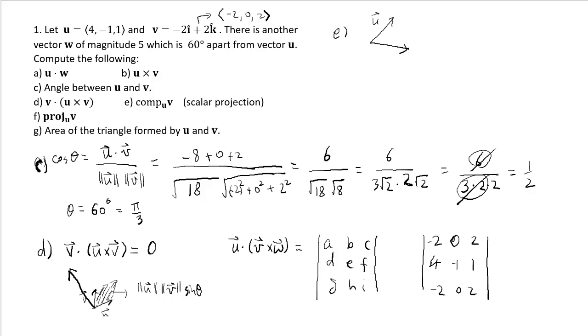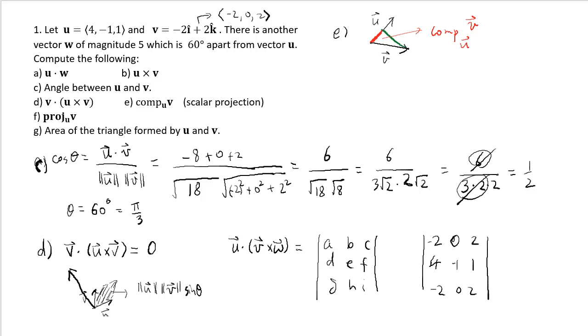So it's like this. If I want V's component in the U's direction, that's what this means. It's the following vector. I take a projection of V onto U, and this length right here is what we call the component of V in the direction of U.